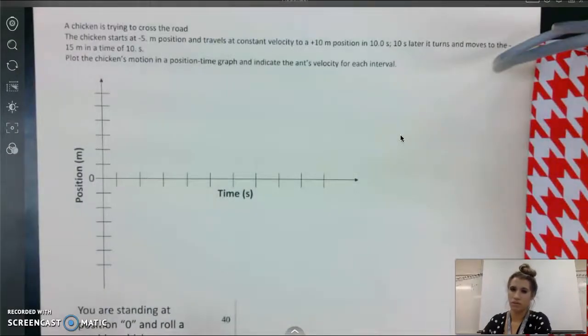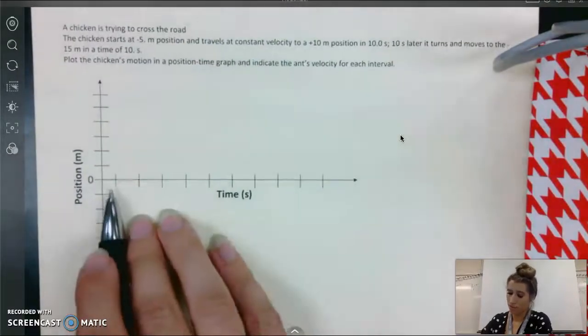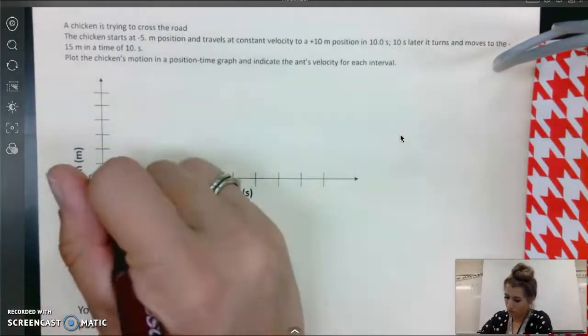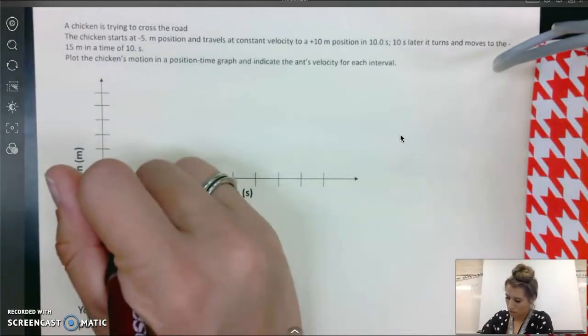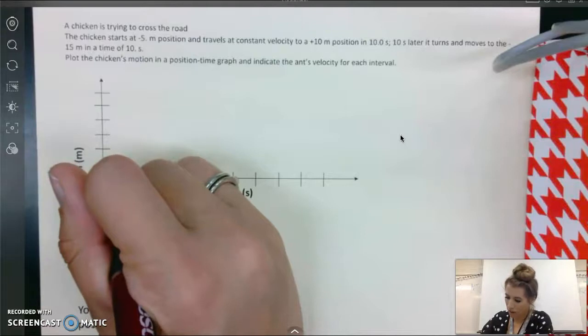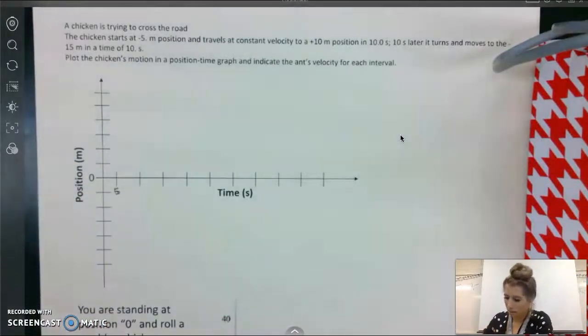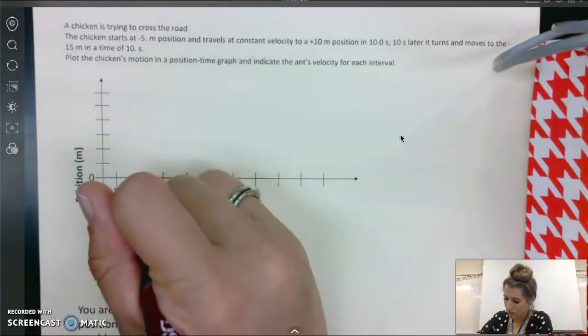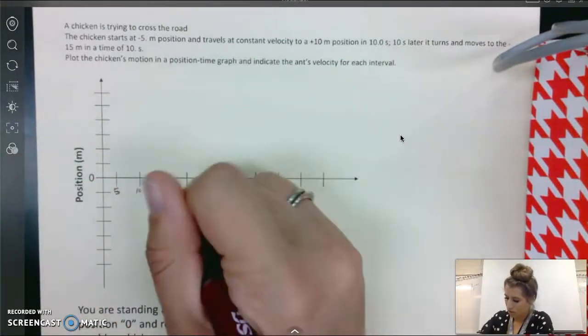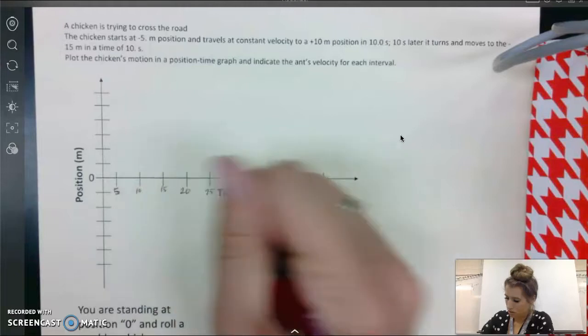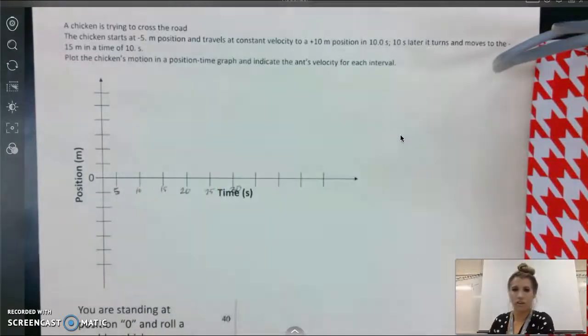So let's see. Let's do 5s, because we're dealing with these 10-second intervals, so it'll be easier to see that. Then we have 5, 10, 15, 20, 25, 30. It's not a good use of all my space, but let's work with that.